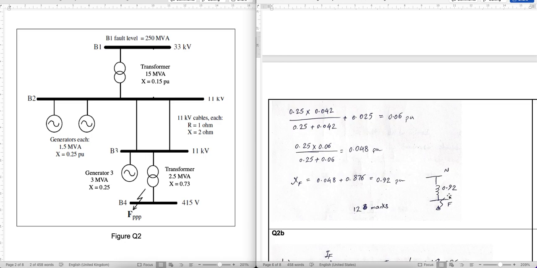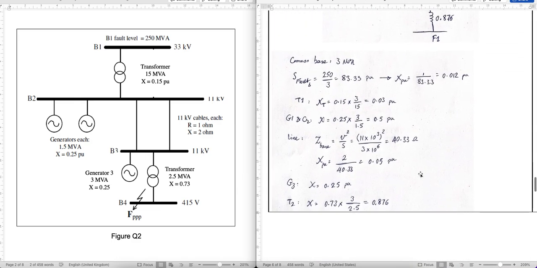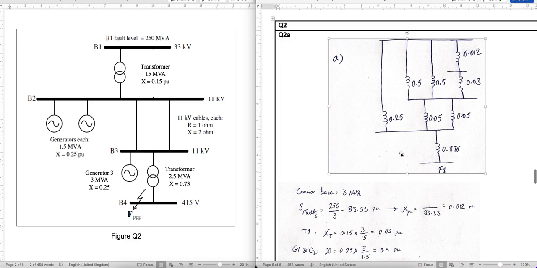So as I said, the process to reach this is important, but it's up to you how you want to calculate. Sometimes students prefer to work out on this diagram. Sometimes the students want to go step by step, so they redraw this diagram step by step and they reduce it.